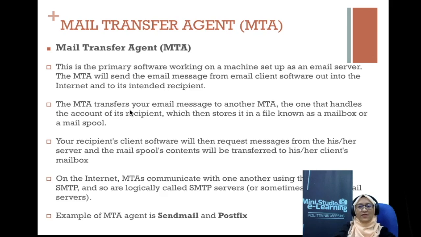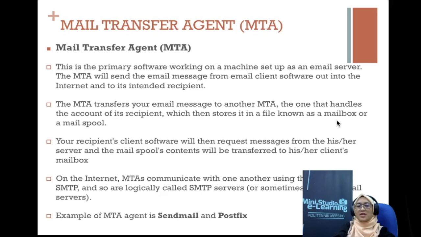The MTA transfers your email message to another MTA, the one that handles the account of its recipient, which then stores it in a file known as a mailbox or a mail spool.